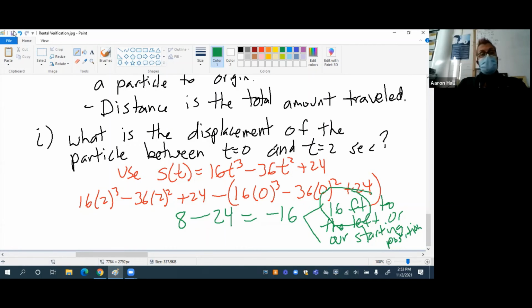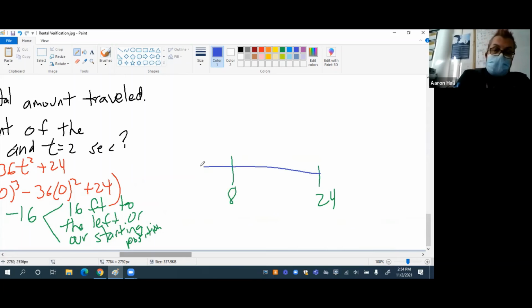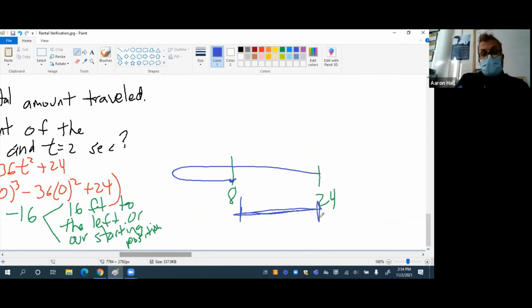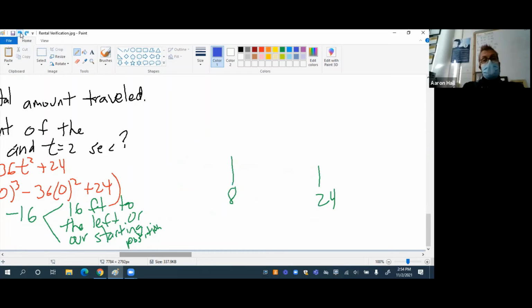Yeah, if we start at 24, and here's 8, I could be going to the left, I pass it, and then I come back. So my displacement is still this distance here, but my distance traveled is a little bit more. The question is, how do we find that little bit more? Add what?